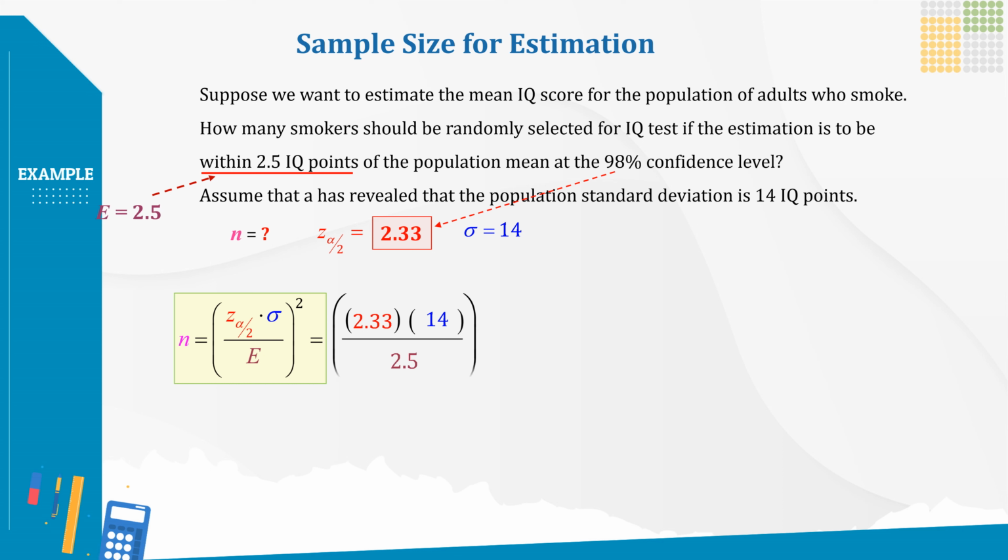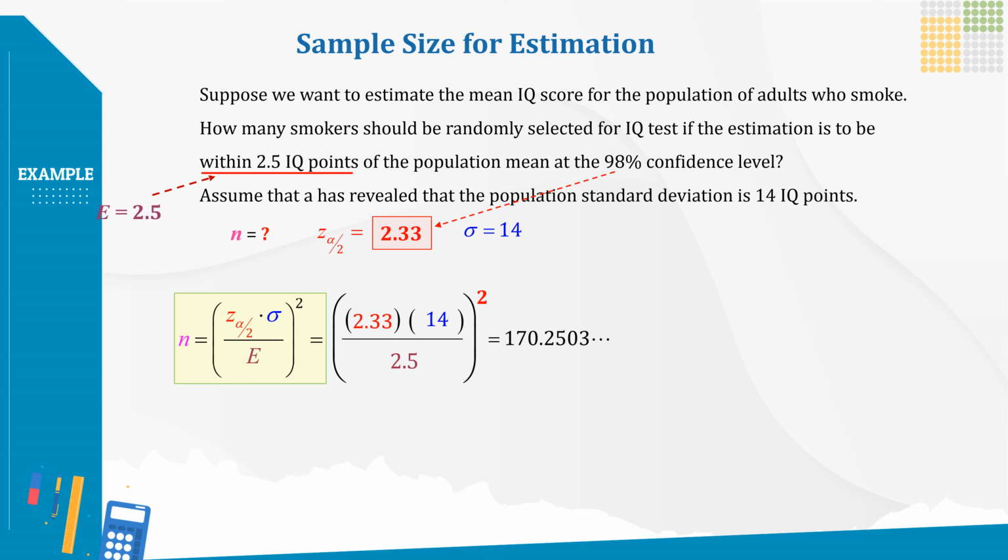Multiply 2.33 by 14 and divide it by 2.5 to get 13.048. Then do not forget to take a square after calculating the inside of the bracket. The answer is 170.2503, and so on.